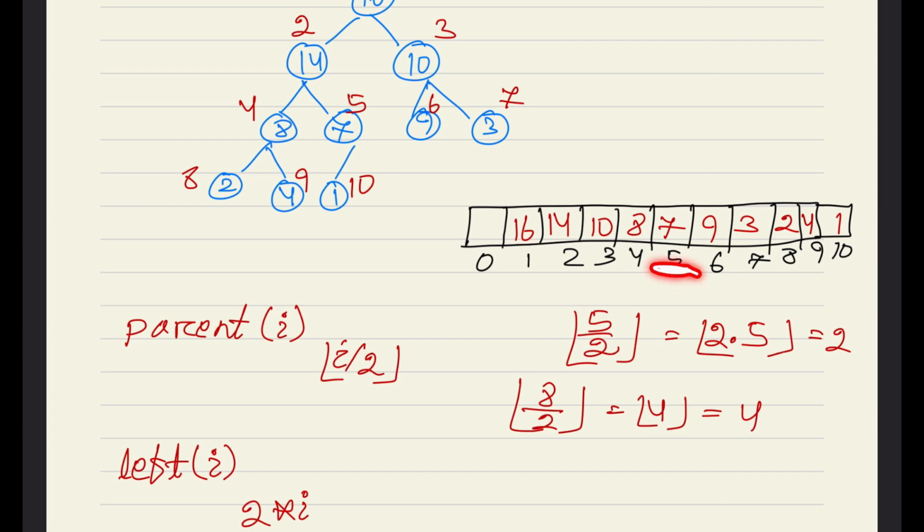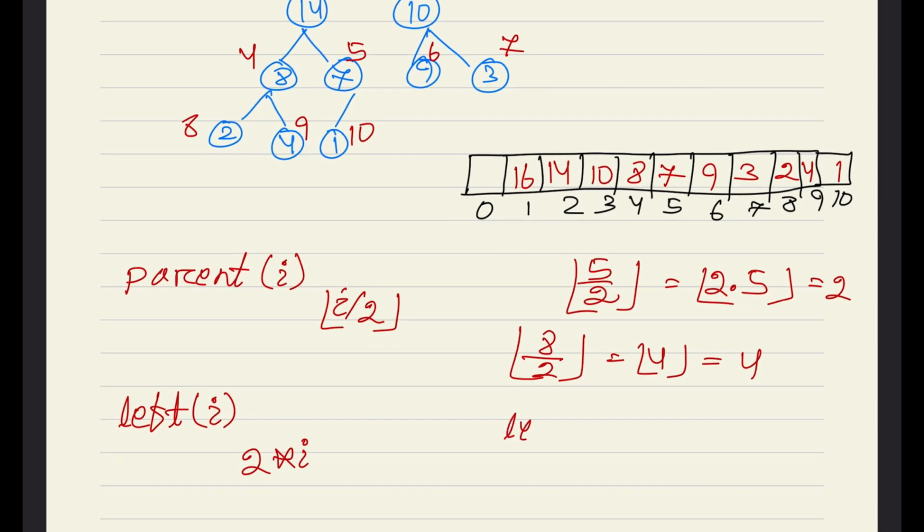So the left child of the node at index 5, this node 7, is the node that is at index 10.